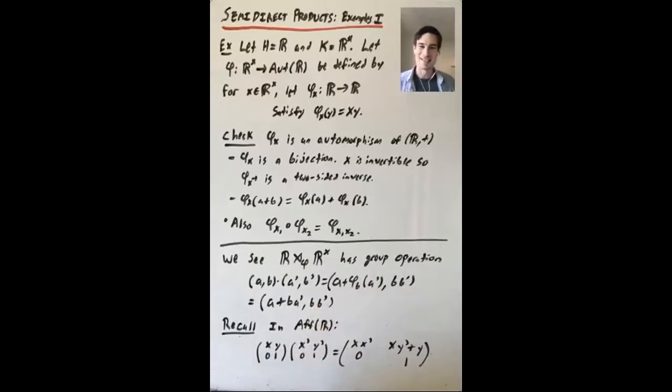What is this? So remember from the first video of this lecture, in the affine group over R, what happens when you take the matrix x, y, 0, 1 times x', y', 0, 1? What we get is x x', x y' plus y, 0, 1.